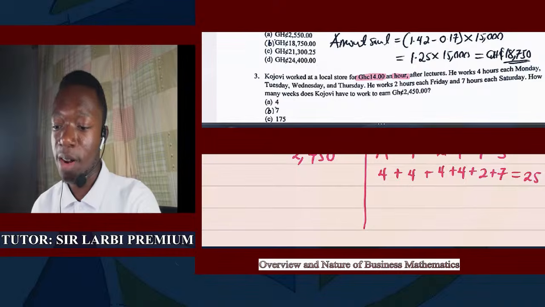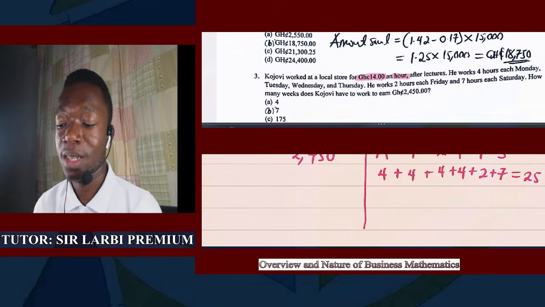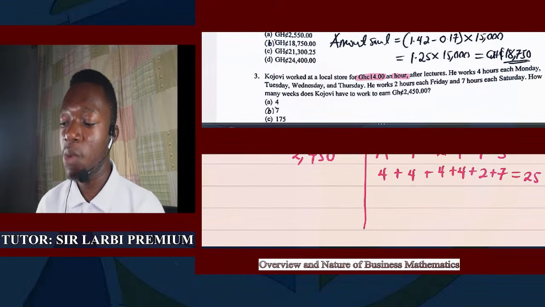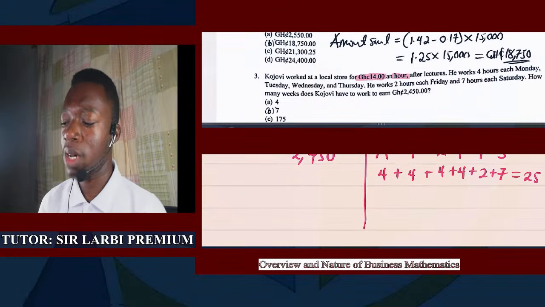And they are asking us how many weeks does Kojovi have to work to earn 2,450. So that means that for every week, the hours that he spends is 25 hours. And then the hourly rate is 14. So we can do this simple calculation.